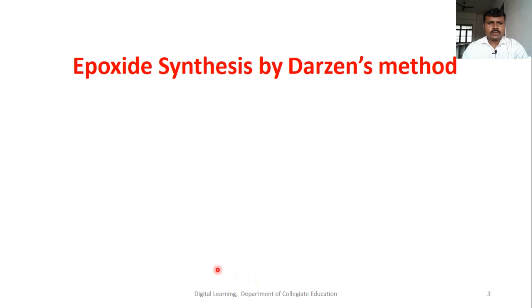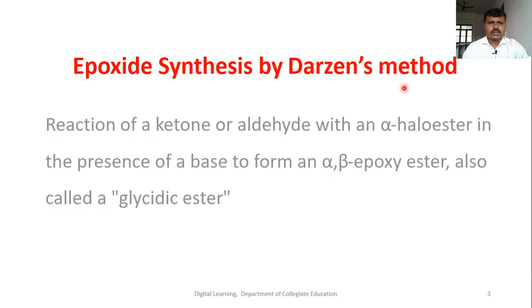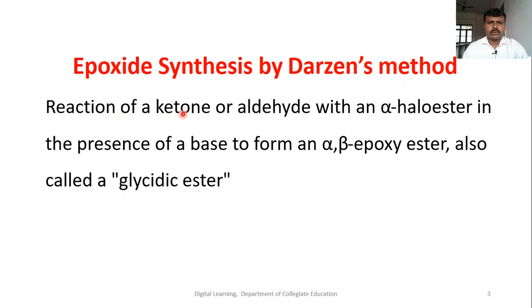Next we will move on to the synthesis of epoxide by Darzens' method. This method is also known as Darzens' condensation or glycidic condensation. This method involves the reaction of a ketone or aldehyde with an alpha haloester in the presence of a base to give an alpha beta epoxy ester.